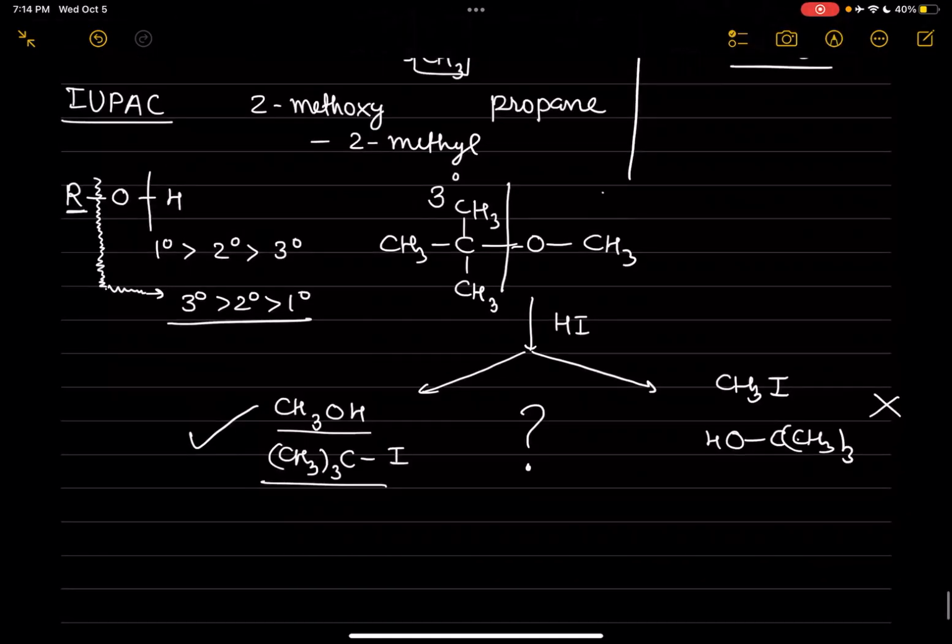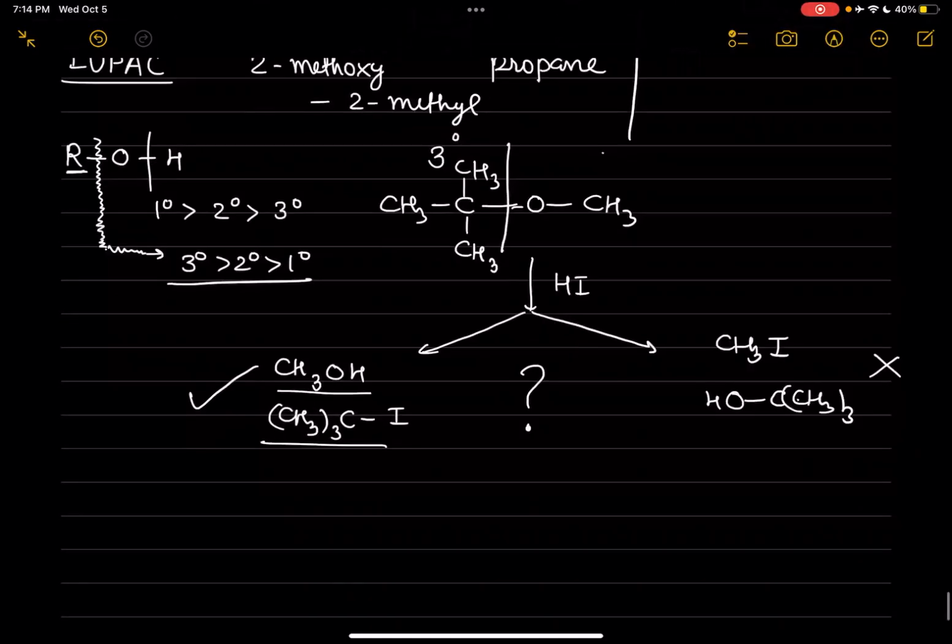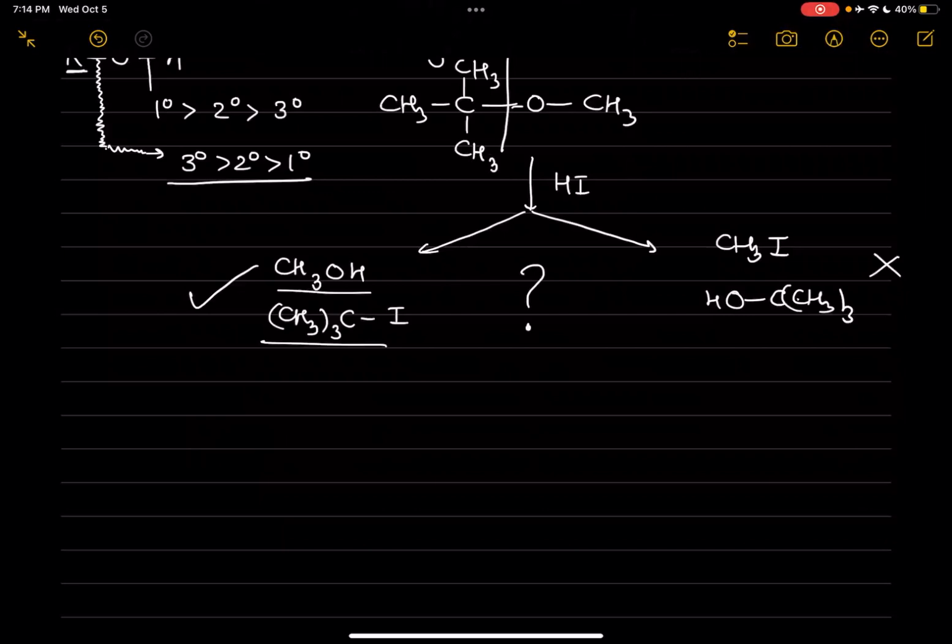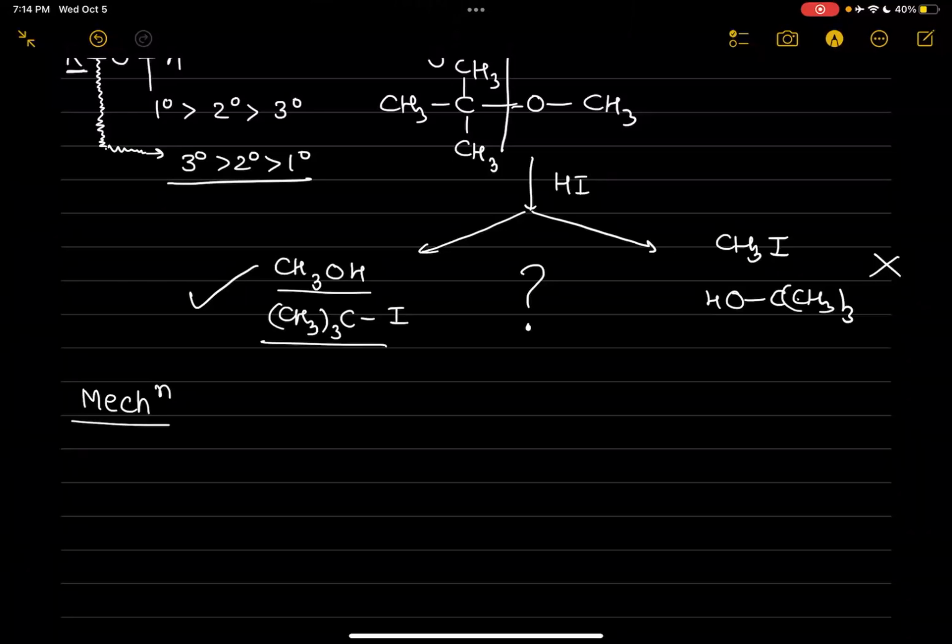Actually, let me tell you why it is happening in detail. The mechanism is required because first of all, it is given in NCERT also, and in order to write the product, you need to know the mechanism. Arshin, are you getting it? Can you just explain it once again, sir?